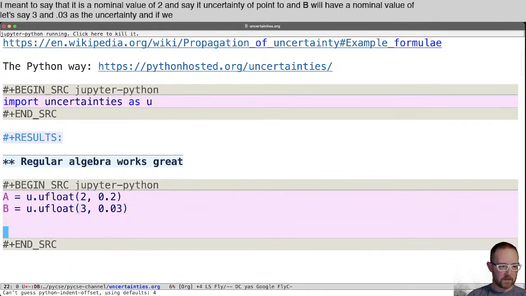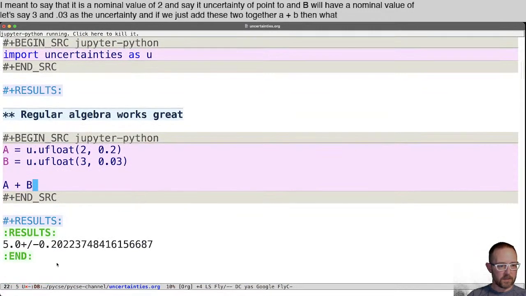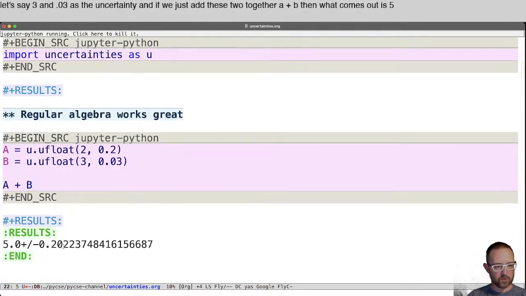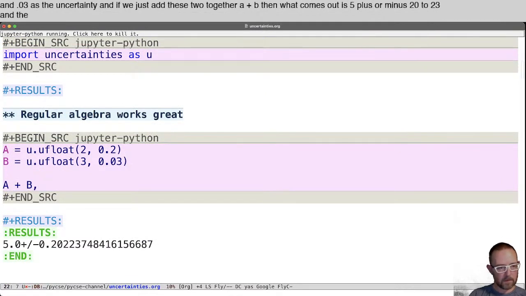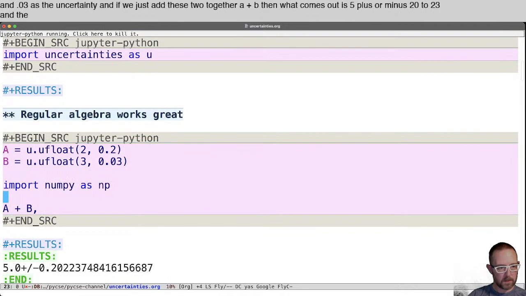And if we just add these two together, a plus b, then what comes out is 5 plus or minus 0.20223.